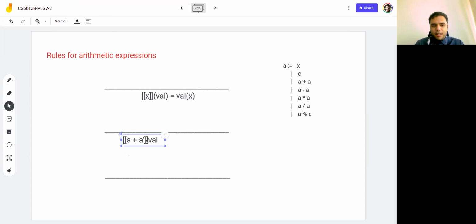It basically means that this part is a function, and I'm applying this function to this value. Well, the value itself is again a function, but in this case, it's just an argument that is passed to this function. Okay, so how do you define this? The valuation of A plus A prime in val. Can you write a rule for this?